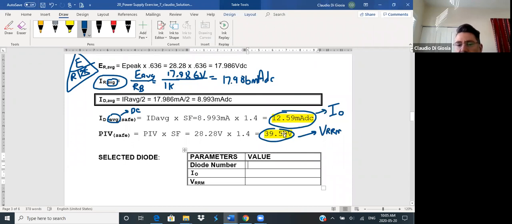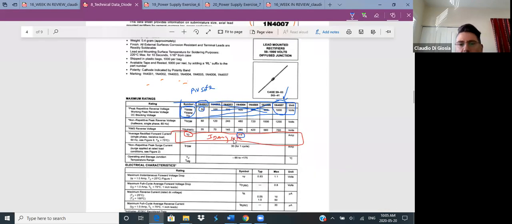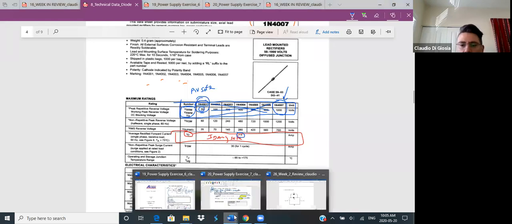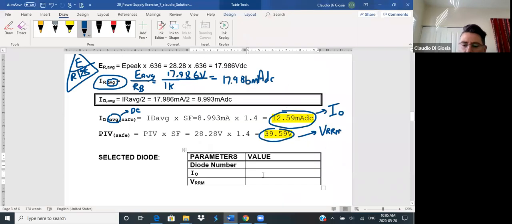We have 39.59. So if we choose the 1N4001, it's good till 50, right? And again, the amperage, 1 amp. So we can use the 1N4001, which is good for 1 amp and has a VRRM of 50 volts.